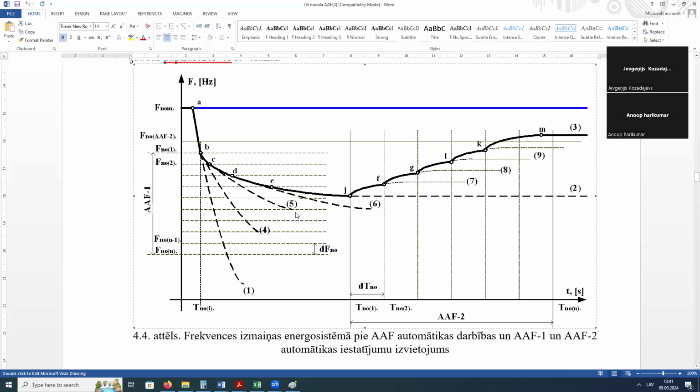To deal with this lower frequency when the system is back in balance, there is a second type of under frequency automation.